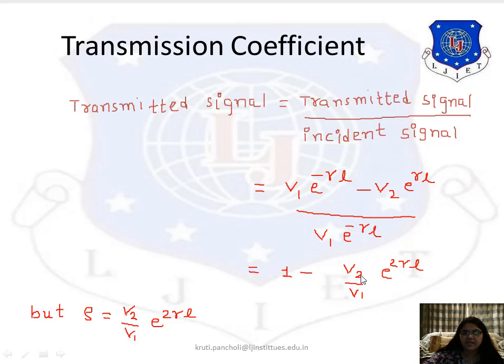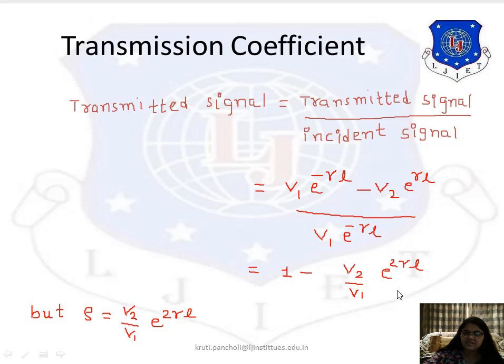So we'll take this V1 in the denominator. So it is 1 minus V2 by V1 e raised to 2 gamma L. But what is this?